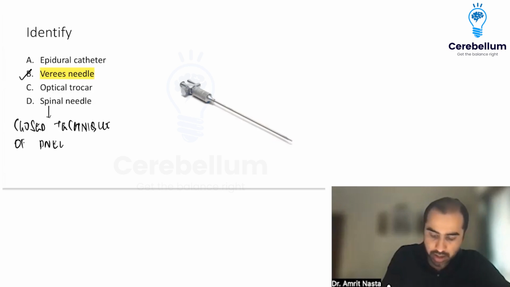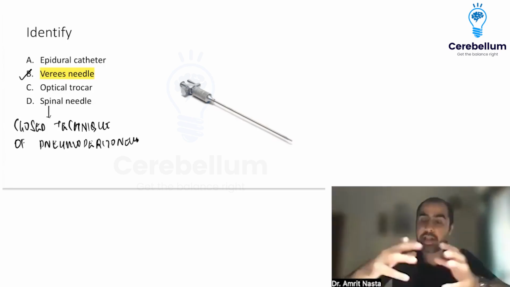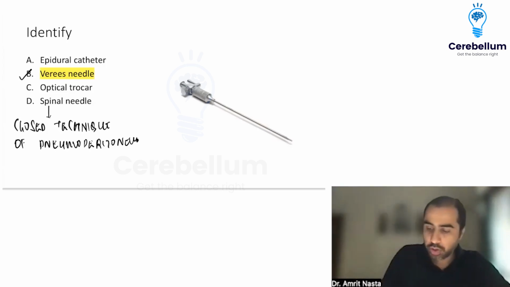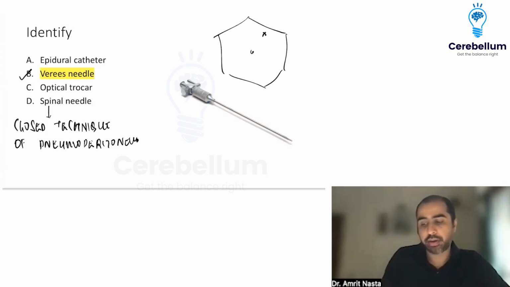So whenever I start any laparoscopic surgery, I have to first fill the abdomen with CO2. So when I have to fill the abdomen with CO2 before I start the surgery, I take this needle and I put it over here in the abdomen blindly. This area where I put the Veress needle is called Palmer's point. It is in the left hypochondrium.